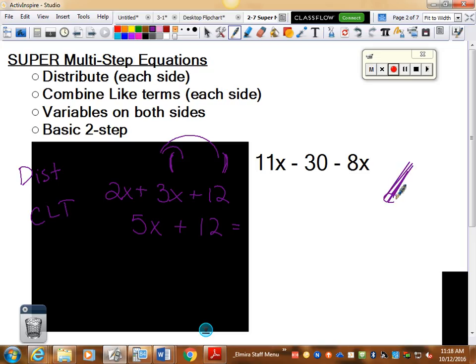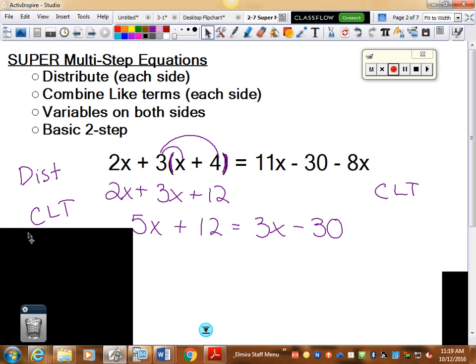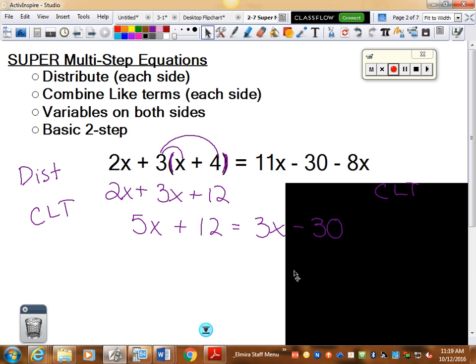That's the only step that I have to do. 11x take away 8x is 3x. Now I know that since I skipped a step, I'm going to leave a little space here so that it's lined up with the other side. And then minus 30. So all I had to do over here is combine like terms. Then let me move this black box out of the way.